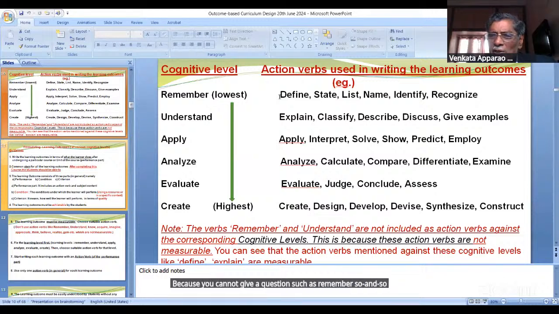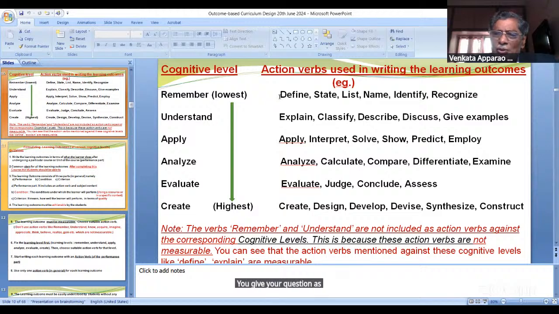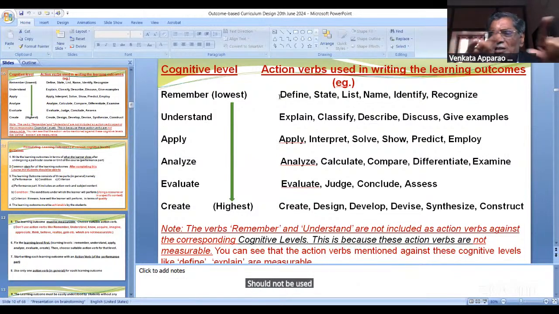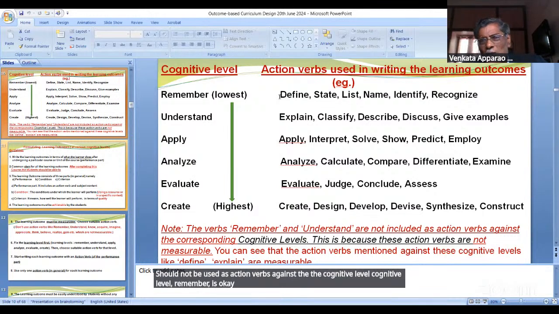You give a question as state so and so theorem. Therefore, remember should not be used as an action verb against the cognitive level. Cognitive level, remember, is okay. But against that cognitive level, as action verb, remember should not be used. Other action verbs are given here, you can use them. Remember is not listed there.